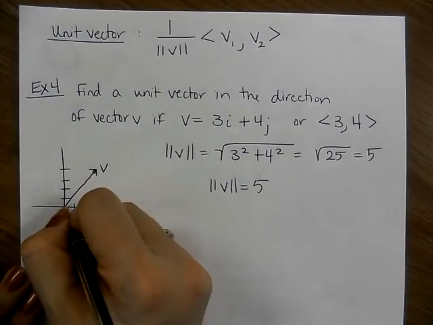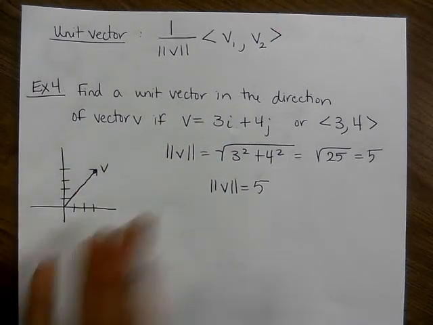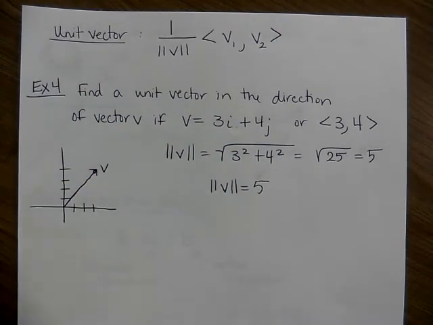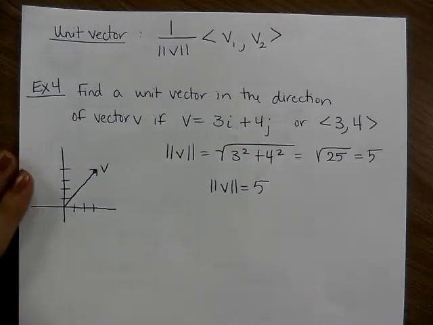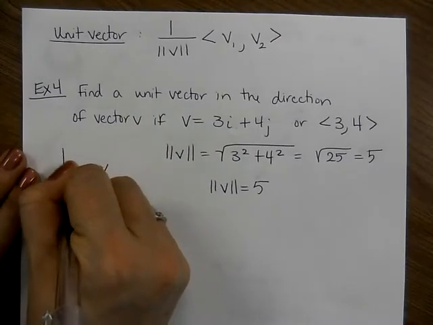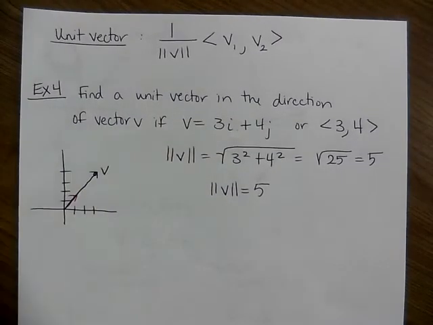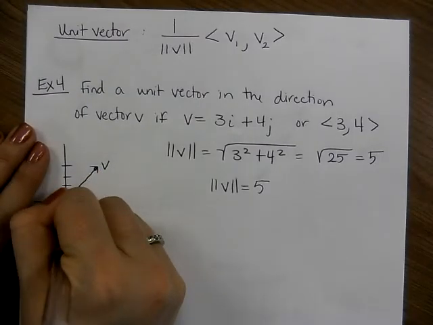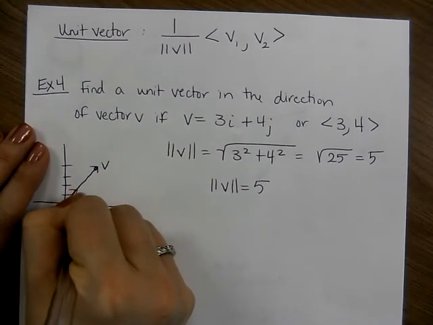That means that the length of this vector right here is 5. What we're trying to do is find the unit vector, so we're trying to force this vector to now have a length of 1. Doesn't that mean it's got to be 1/5 of the length if this is going to be the unit vector? It's still going in the same direction. We don't want to change the direction, we just want to change the length. So now this represents our unit vector.